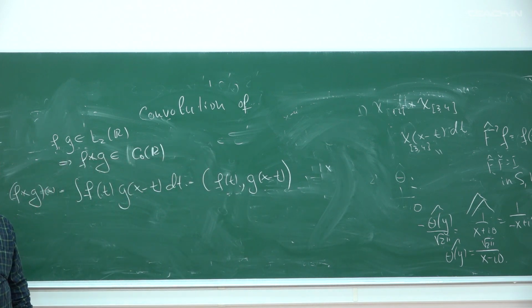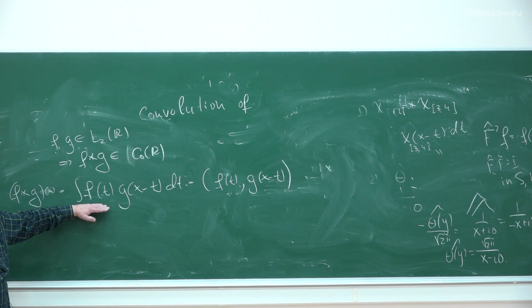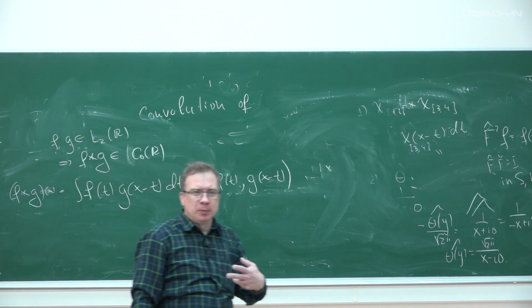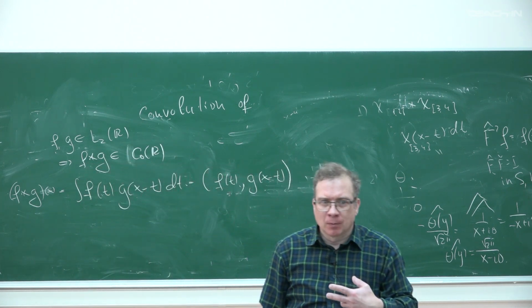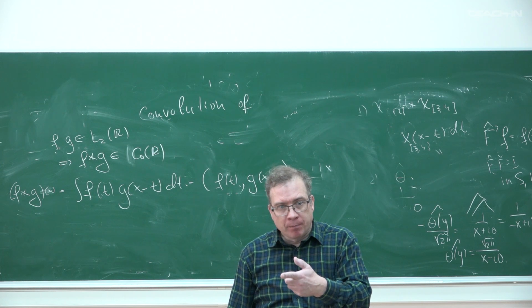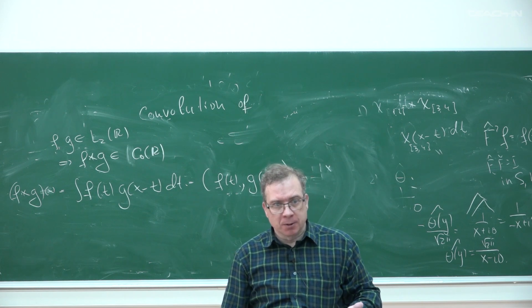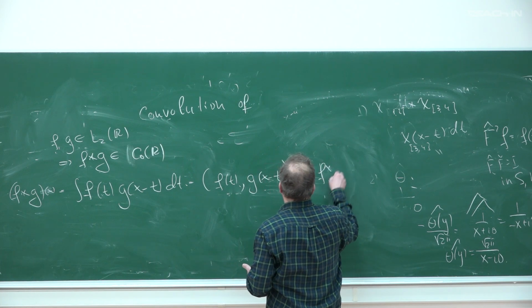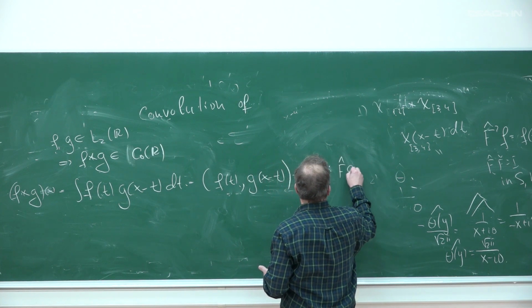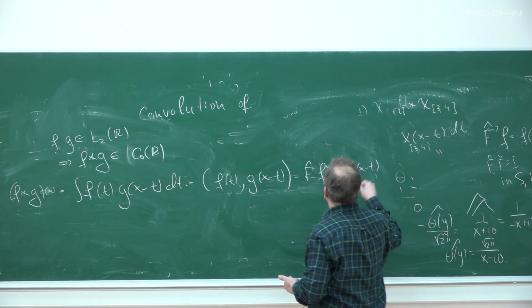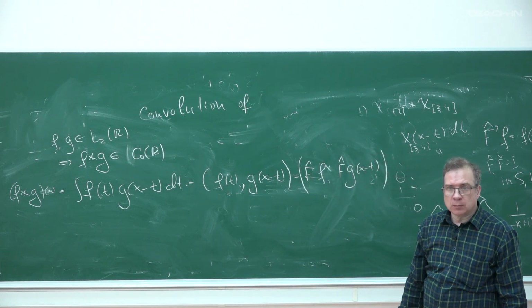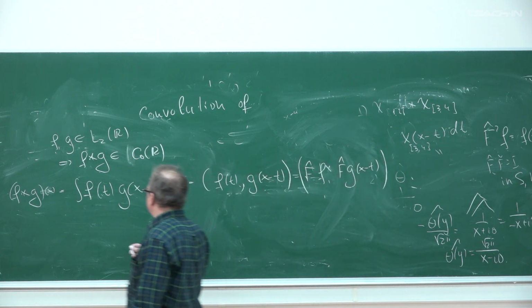We consider this convolution as a scalar product of these two functions. What do we know about the Fourier transform in L2? It is a unitary operator and preserves the scalar product. So we can write that it is, so you need to calculate this.